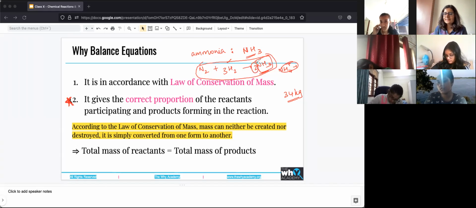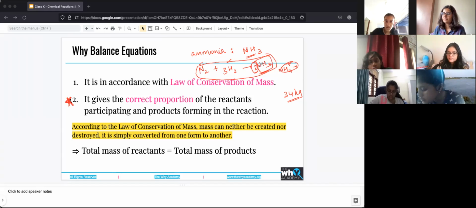This 2 represents that if we took one molecule of nitrogen and 3 molecules of hydrogen, we will get 2 molecules of NH3. So that's what this 2 represents. It's not a part of the formula. It's just telling you how many molecules or how many moles of ammonia are forming.